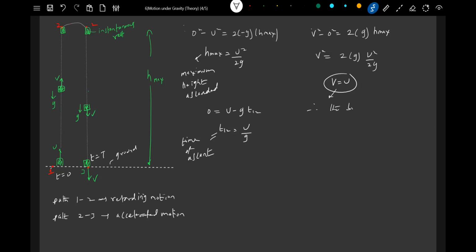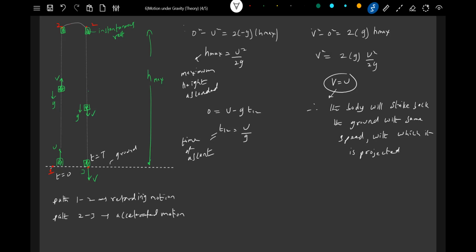Therefore, the body will strike back the ground with the same speed with which it is projected.